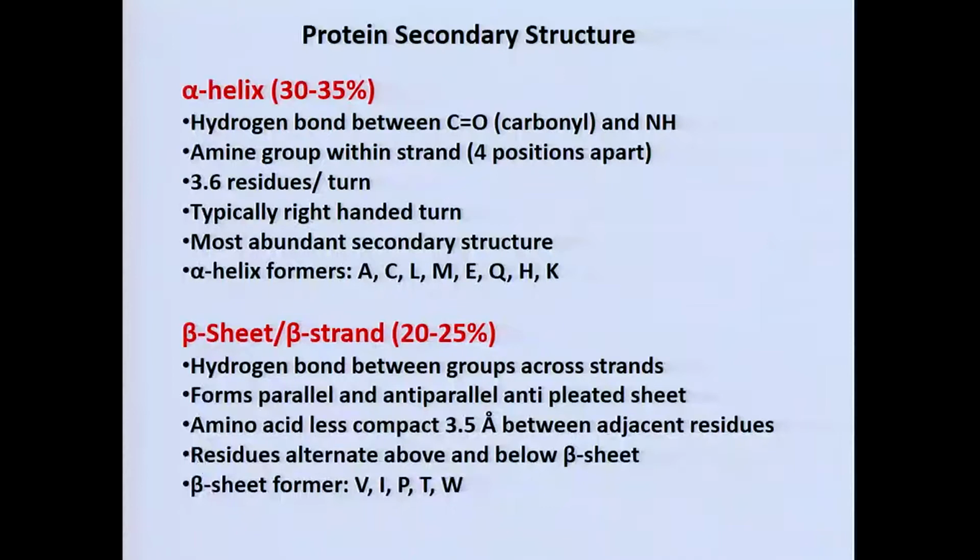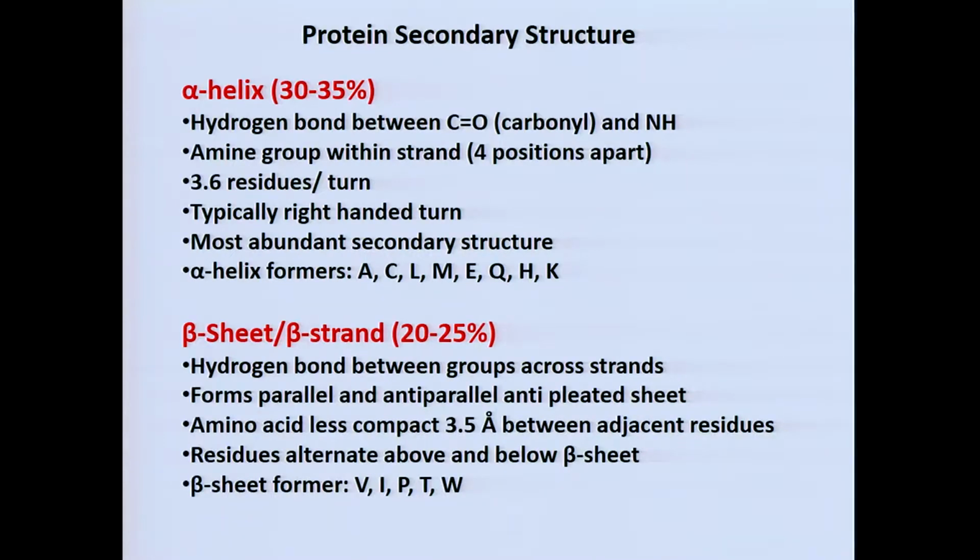Okay, so now in summary, in protein structure, about 30 to 35% are alpha helices, and the hydrogen bond is between the carbonyl and NH group, the amine group, within the strand, fourth position apart.